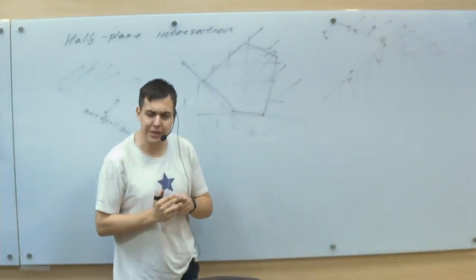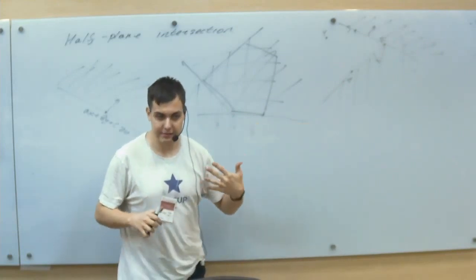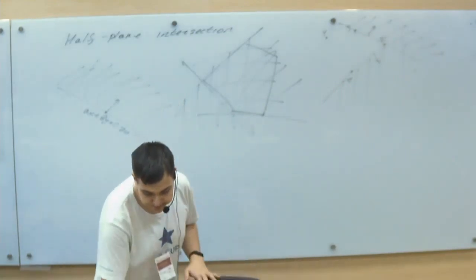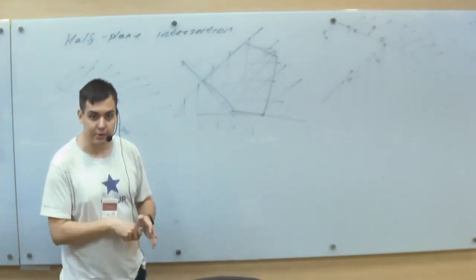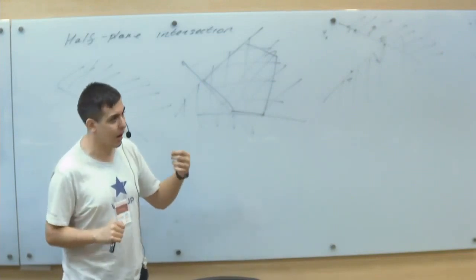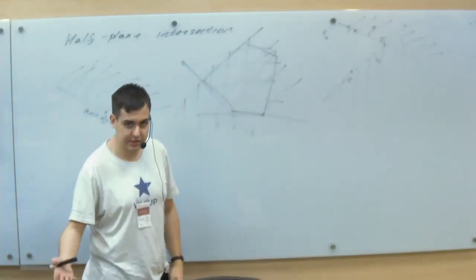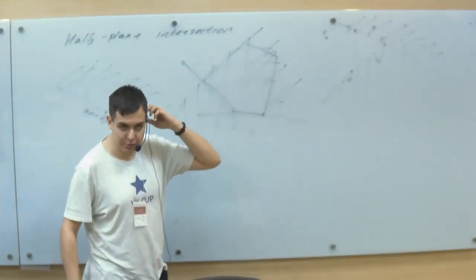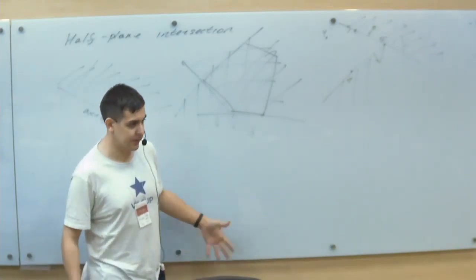So we have n-1 half-planes, and we need to check if there is a point that is covered by all of them or not. If there is a point that's covered by all the half-planes, then we can stand in that point and we'll see the correct order of trees. And if the intersection is empty, then there is no such point.